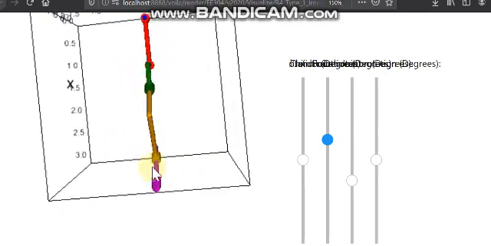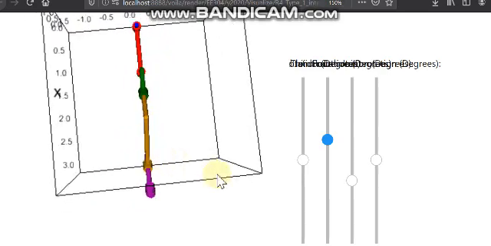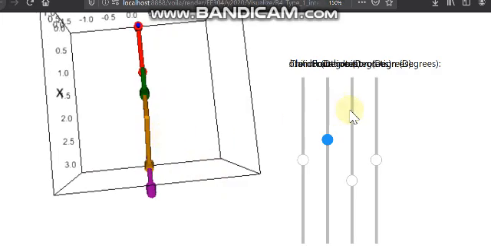So this is roughly the top view. When we change theta 2, this O4 is rotating about this point. So for the same change in angle, the distance traversed is proportional to this length.